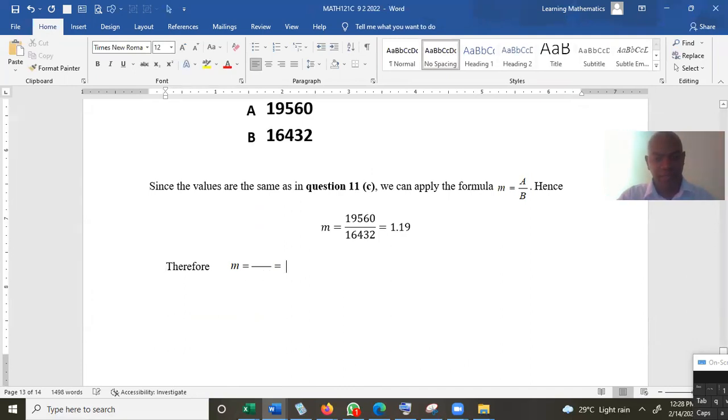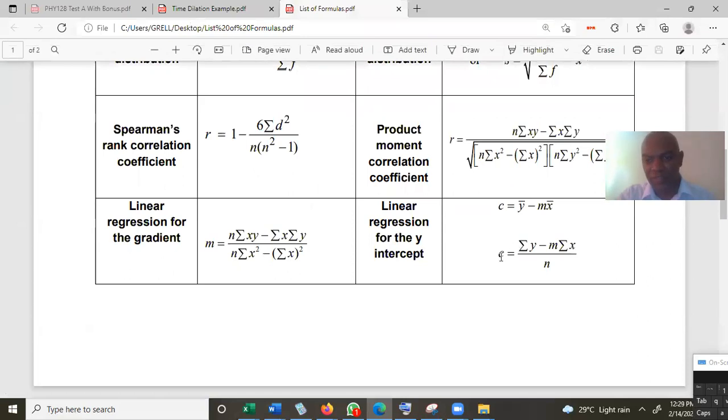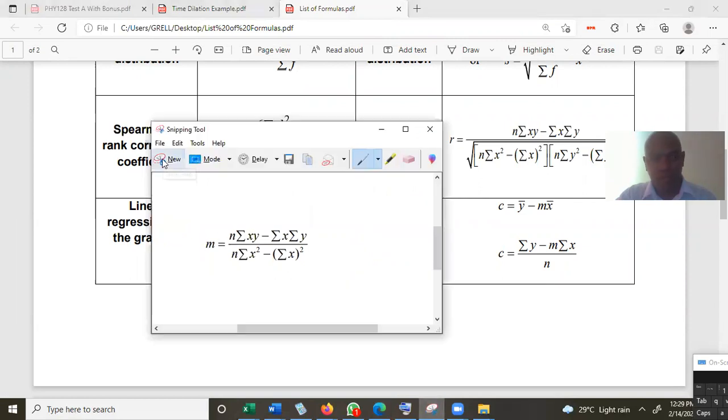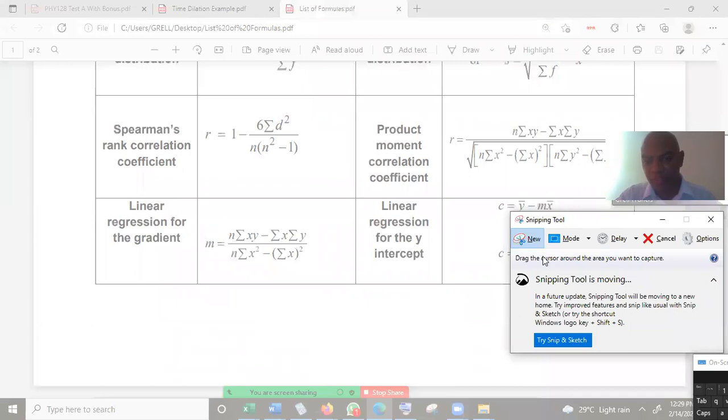Let us go back to the list of formulas for the y-intercept. Here is c. C is equal to the sum of y minus m times the sum of x, over n.